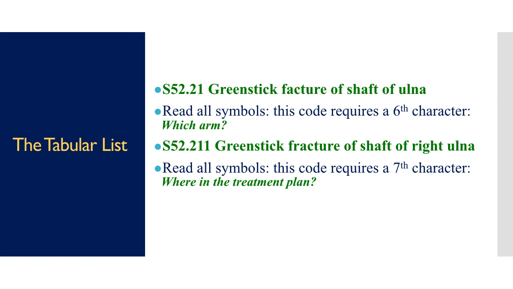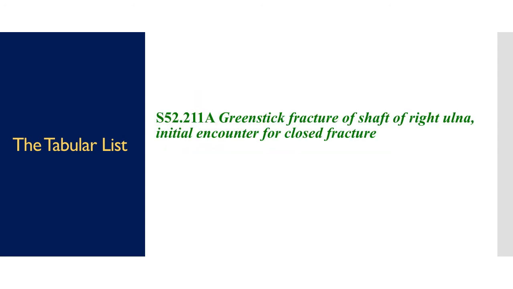Where in the treatment plan are we? So when you look at what the meanings are for the 7th character, you will see that this is subtly but identified in the documentation. This is the first time that this patient is seeing this physician for treatment of this fracture.